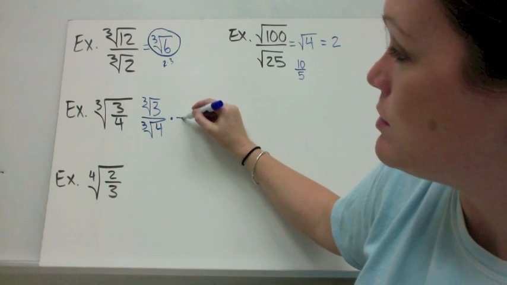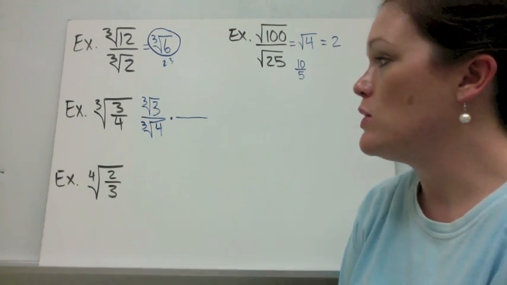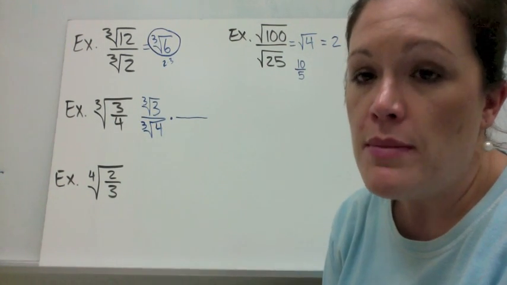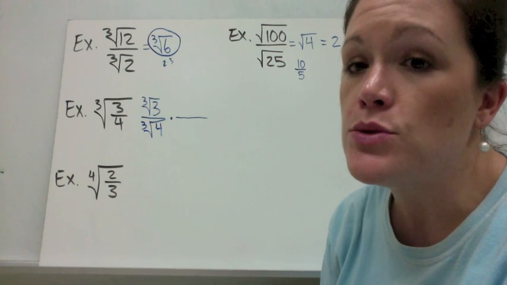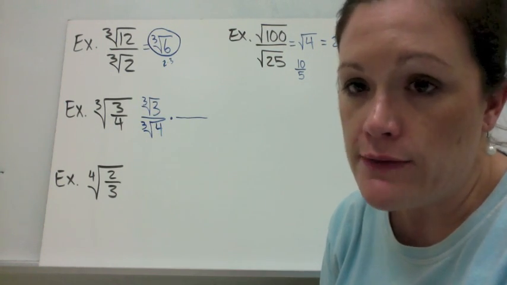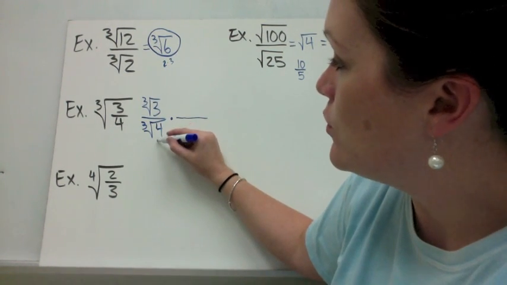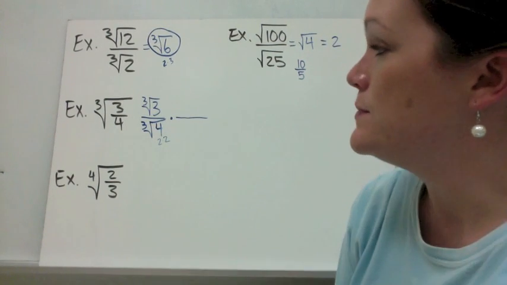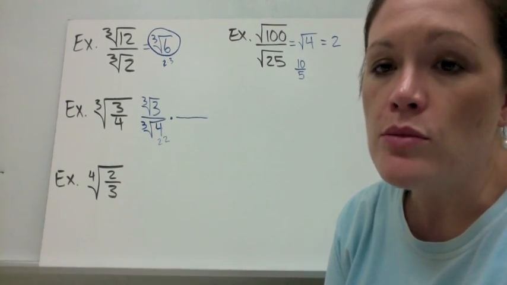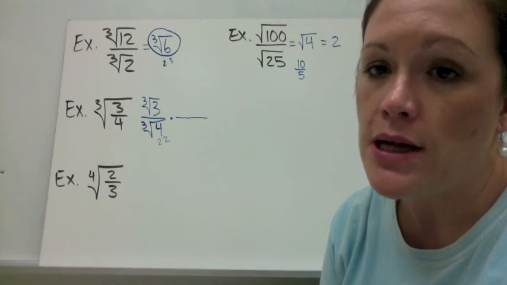So what we want to multiply by in this case would be what number could make 4 turn into something that I could take out evenly. So if we think of 4 as 2 times 2, I would need one more 2 to be able to take this out evenly.